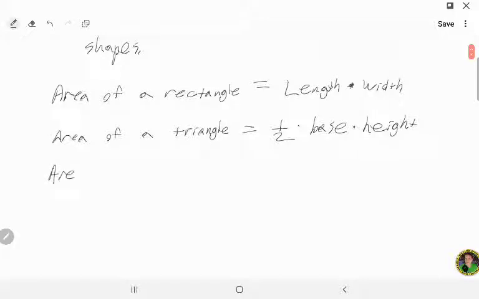And area of a circle is equal to pi times the radius squared. And so, oddly enough, we can use these three basics, and then what we already learned in section 7.1 about the area of a regular polygon, to create areas of much more complicated figures.